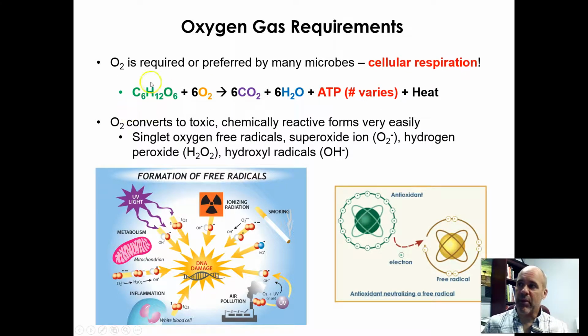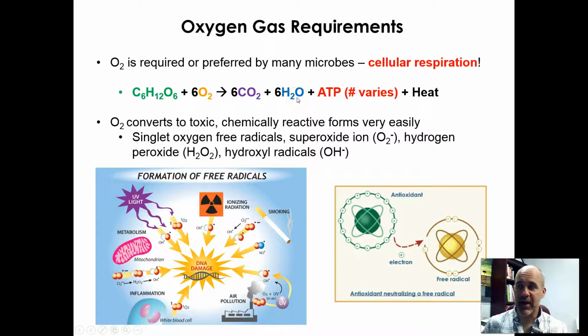So as glucose gets broken apart, all those carbons in a glucose end up over here in carbon dioxide molecules. You've got 6 carbons in a glucose, and you end up with 6 carbon dioxide molecules as you finish cellular respiration.